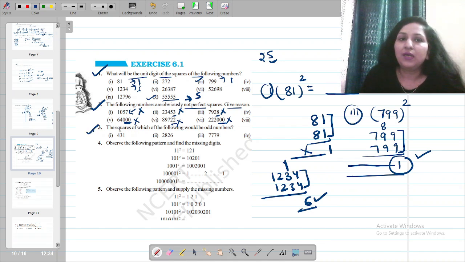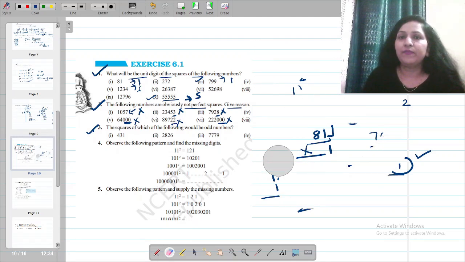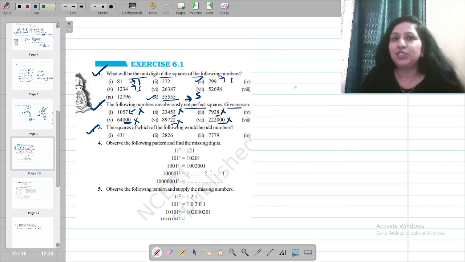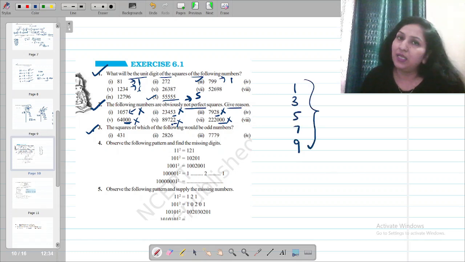Question number 3. The square of which of the following will be an odd number? How can we determine if the answer will be odd or even? We just have to find the ones digit, like we have done in question number 1. If the ones digit is 1, 3, 5, 7, 9, your answer will be odd, otherwise even.